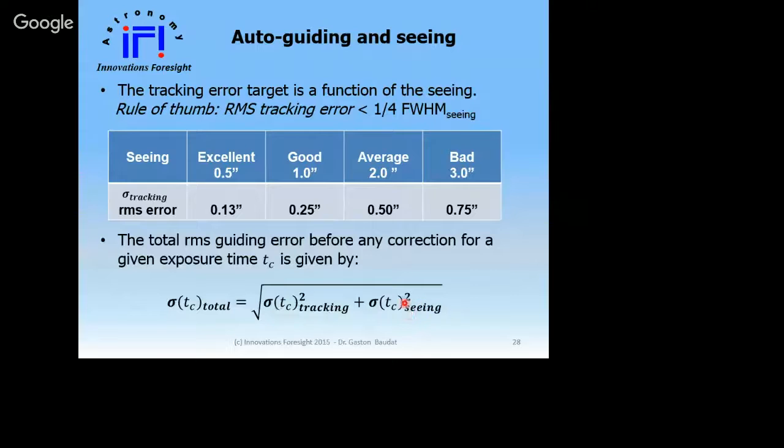The other one is the seeing component, which is a function of the exposure time. If you remember, before we said that when you increase the exposure time, the variance of the wavefront tip-tilt error goes down, like the square root of the exposure. So the total error you have to cope with is the sum of those two errors.